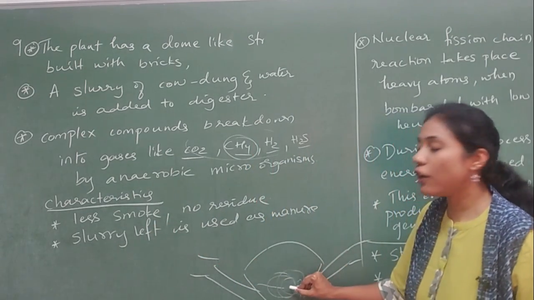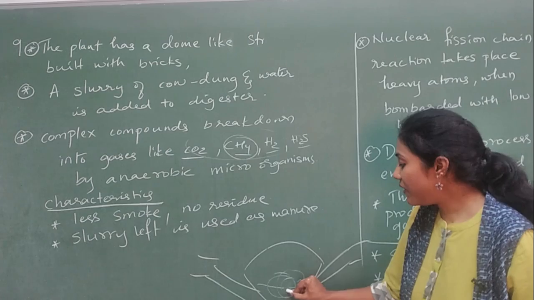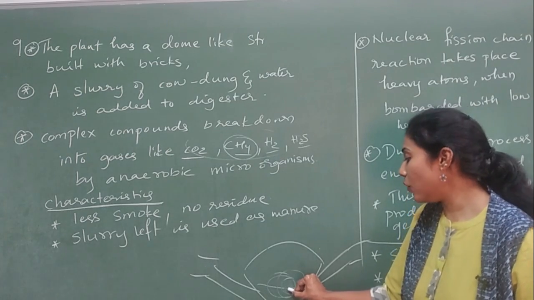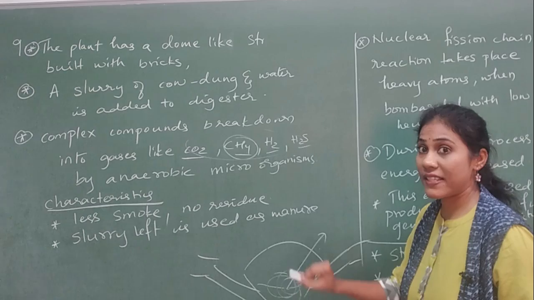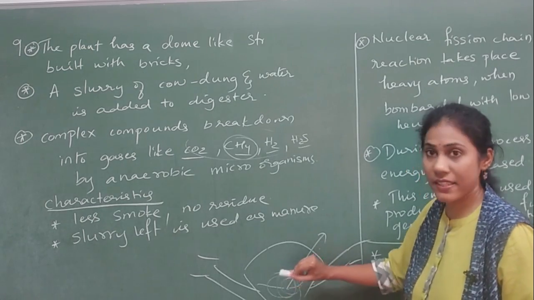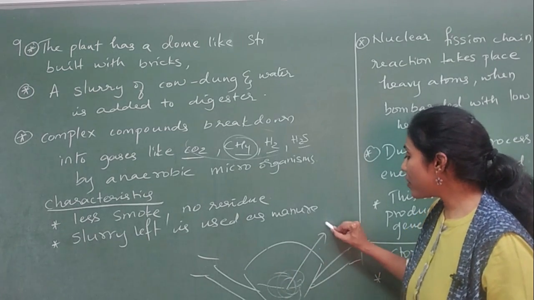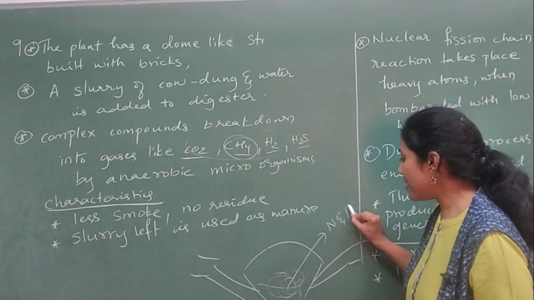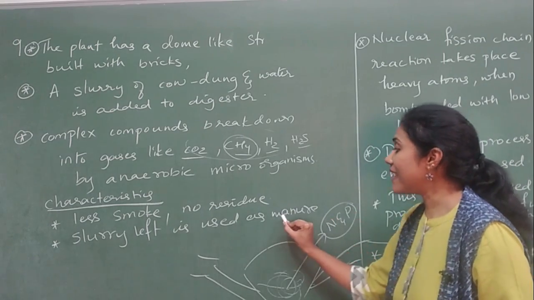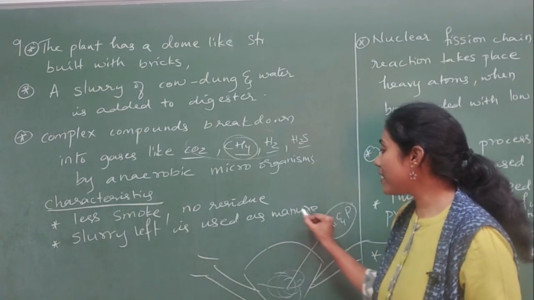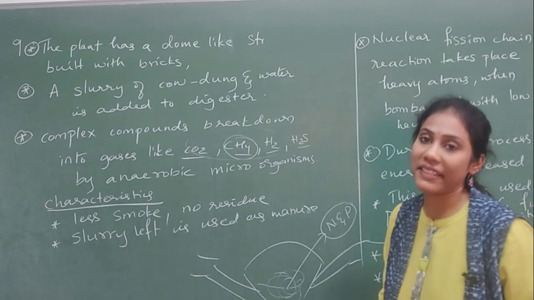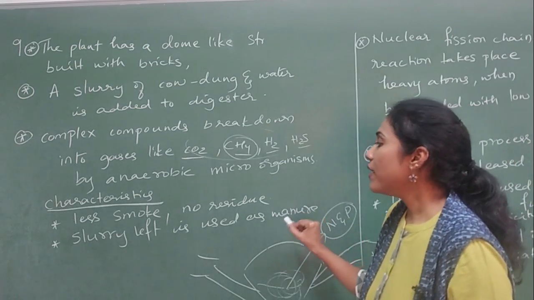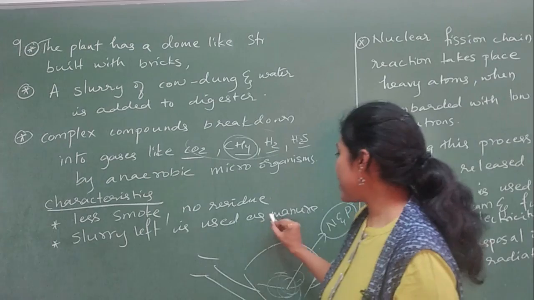After the production of biogas, the waste that is generated, the spent slurry, that is the used slurry, is rich in nitrogen and phosphorus. So it can be used as a manure, that means as a fertilizer for different crops in agriculture. Okay, so the slurry left is used as a manure.